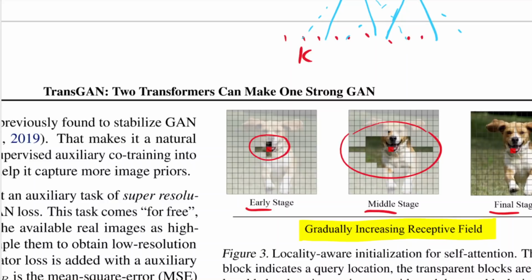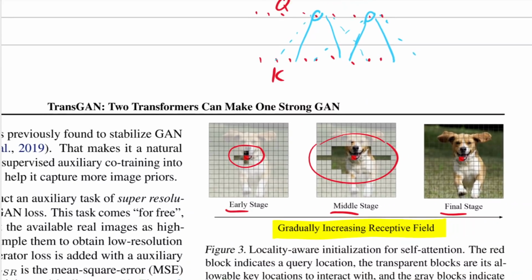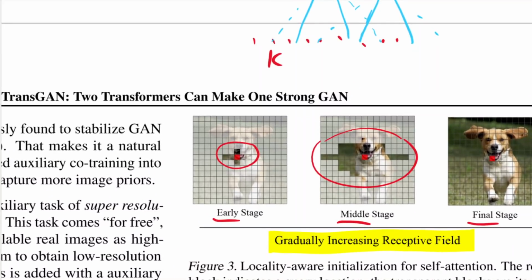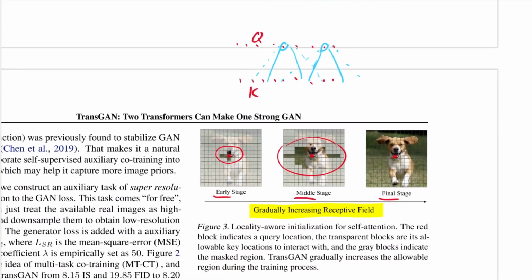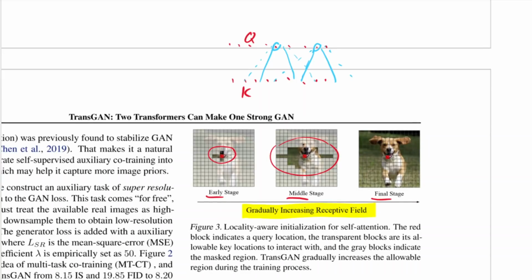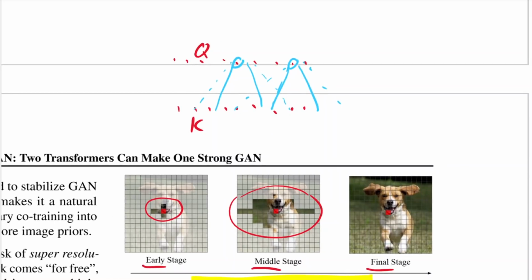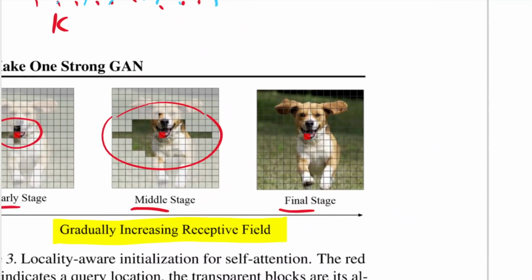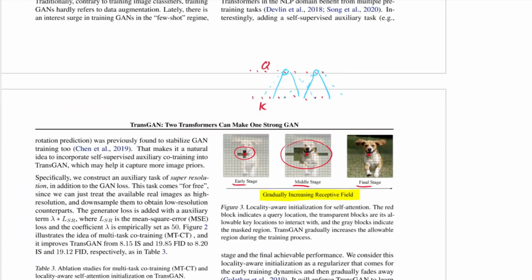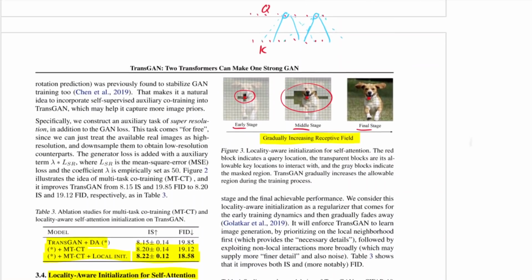I'm so glad we're building GANs without convolutions. Convolutions are for losers. We're all for locally applied linear transformations over the whole image that can only look at their immediate neighbors. So yeah, no, I mean, you get the point. This is essentially an attentionized version of a convolution, but as training progresses, they do release that constraint. This is simply to help the GAN do training.